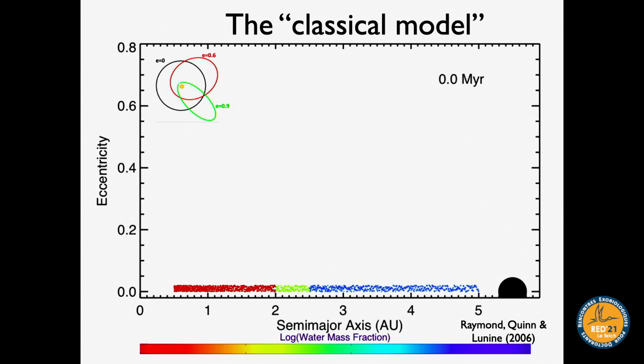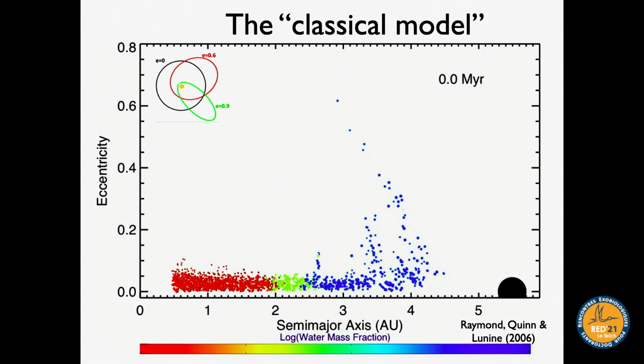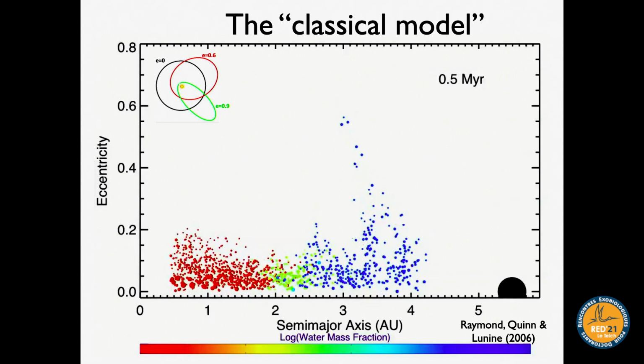When the color of something changes, it means there's mixing between objects that start off in different zones. At time 0, we assume Jupiter has already formed. Time 0 corresponds to when the gas disk went away, so relative to CAIs, it's more like 3 to 5 million years after CAIs. So I'm going to start the movie.